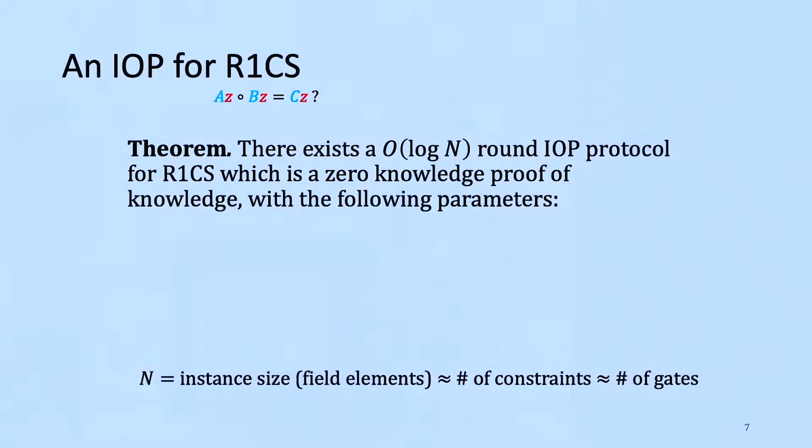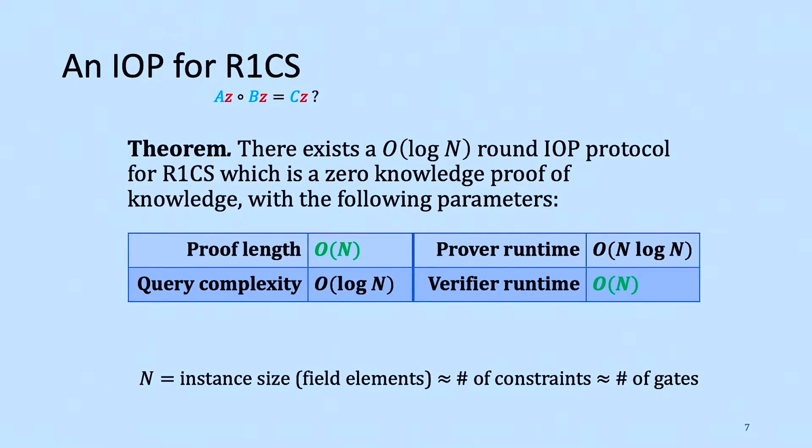So here's the theorem. This is the only theorem. There is a log n round IOP protocol for R1CS, which is a zero-knowledge proof of knowledge, with the following parameters, where n is the instance size, the number of gates. So what do we get? We get a proof length which is optimal. This is linear proof length.